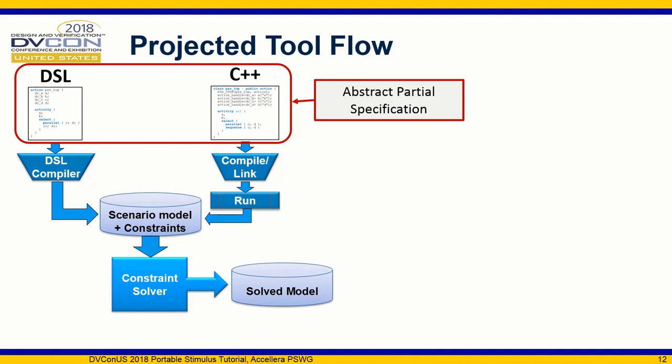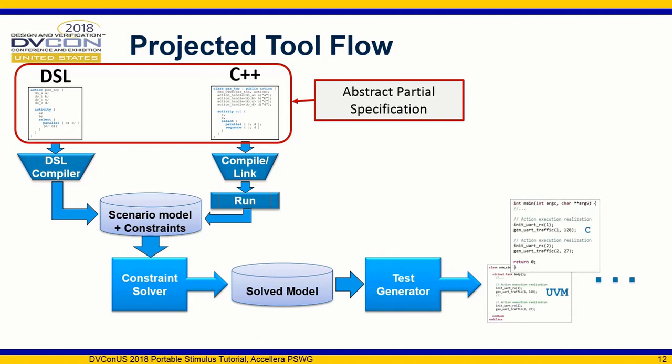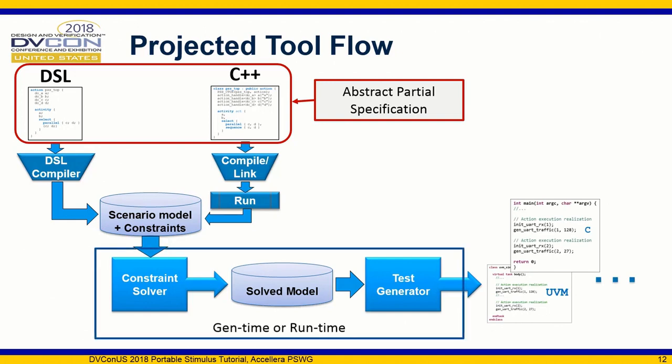So what is it that you've actually intended to specify? And then from that, we're going to generate tests. And we will generate a single test for each possible solution of that set of scenarios. So if you have a model that turns out to have 10,000 different scenarios, we will generate 10,000 individual tests for you. Each one does a certain thing, but when you put them all together, you've effectively randomized the solution space.